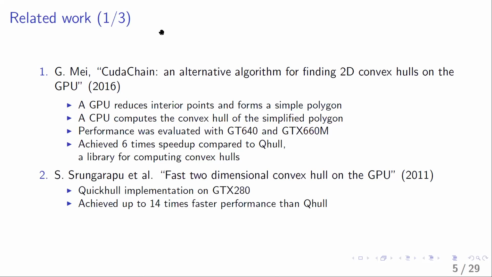Performance evaluation with GT640 and GTX 660M GPUs showed that this method achieved 6 times speed up compared to the library Q-hull. In the second work, they implemented the quick hull algorithm on a GTX 280 GPU and achieved up to 40 times faster performance than Q-hull.